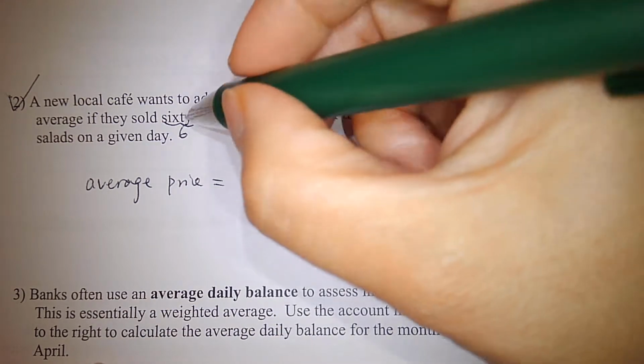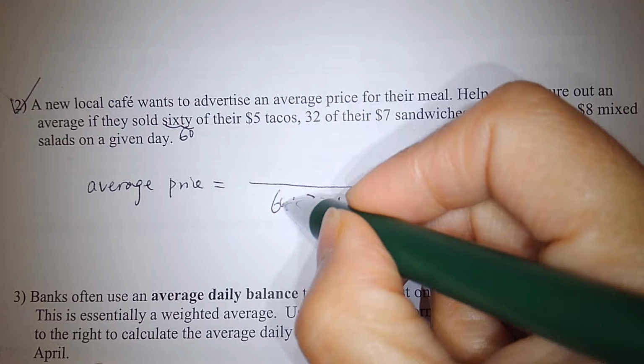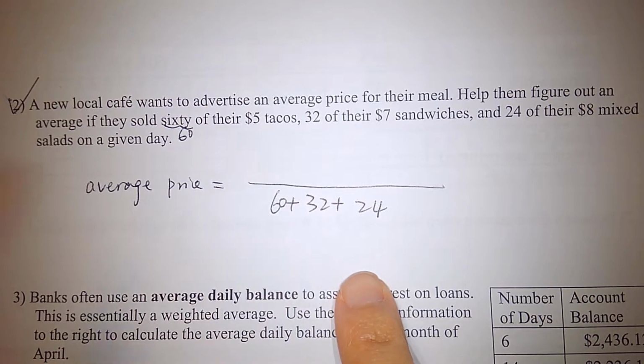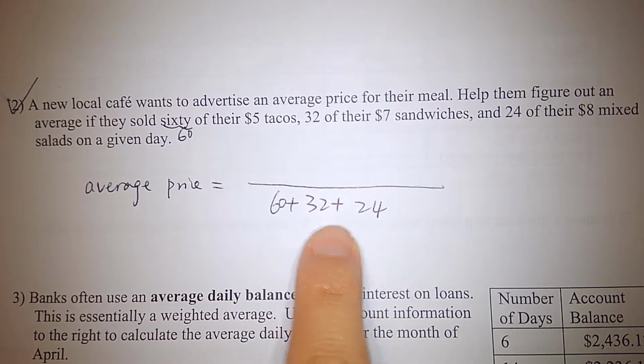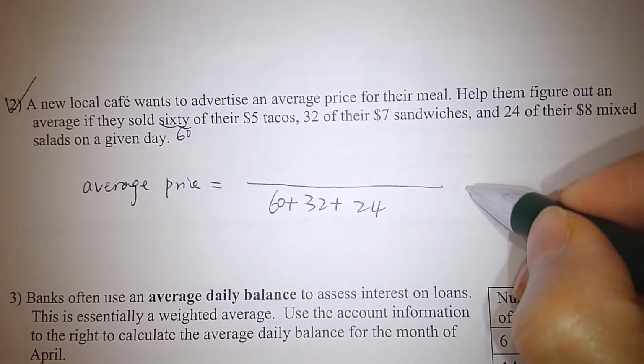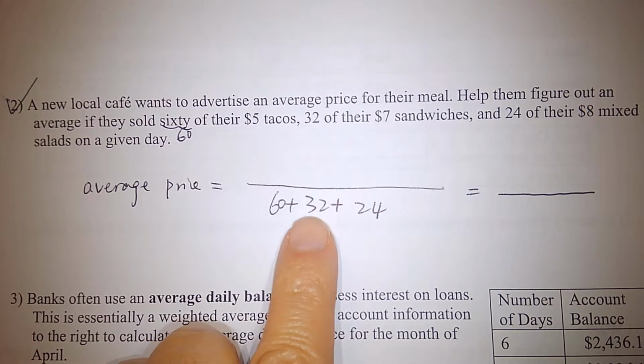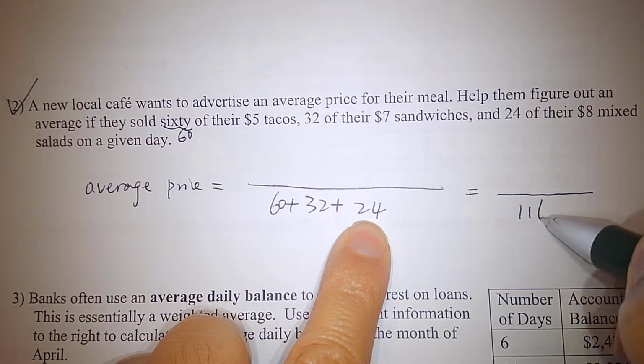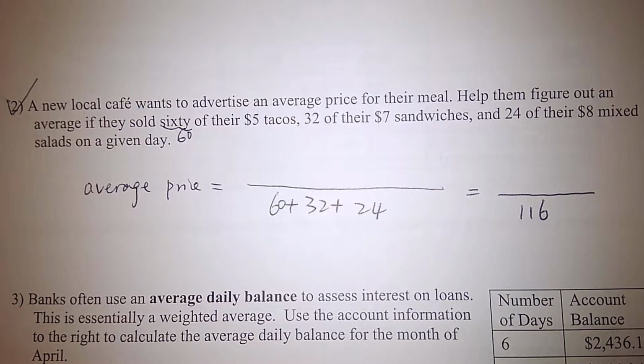Oh, sorry, my bad. 60, thanks for correcting me. If I make a mistake or say something wrong, let me know, okay? 60, yes, you're right. 60 plus 32 plus 24 gives us what? 116, right? So they sold 116 meals in total.